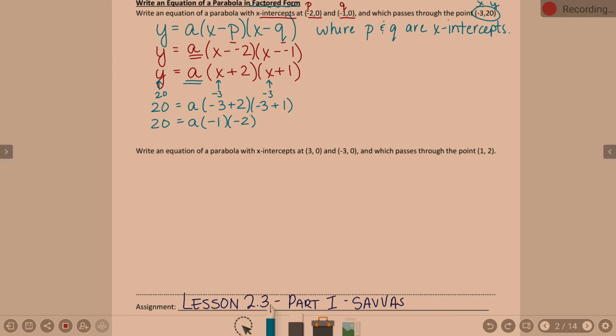A times -1 times -2 is 2A. So I have the equation 20 equals 2A. If 20 equals 2A, what do we know? Divide by 2. And A is 10.